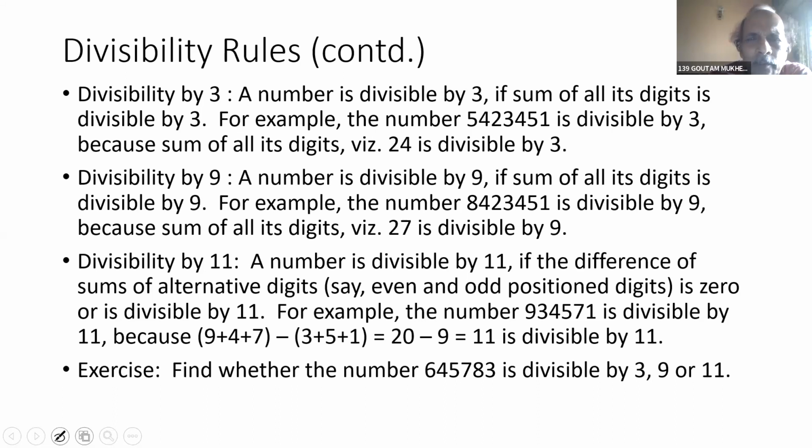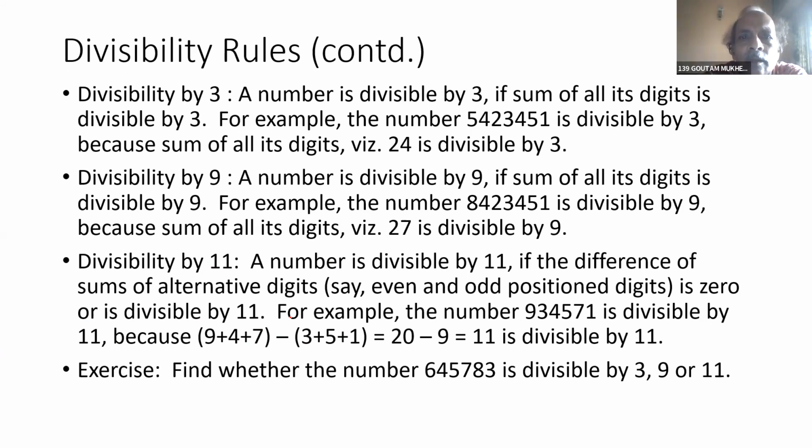Repeatedly sum the digits, adding again until it finally gets to 24, which is divisible by 3.